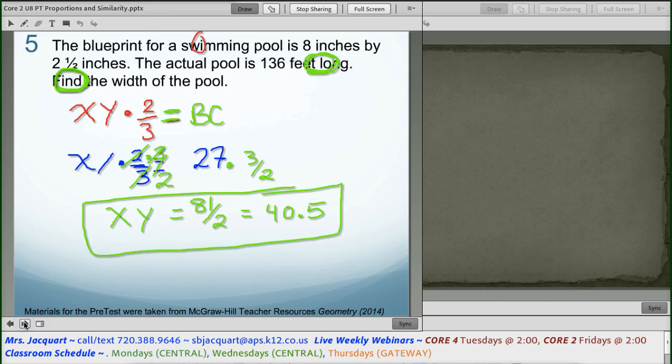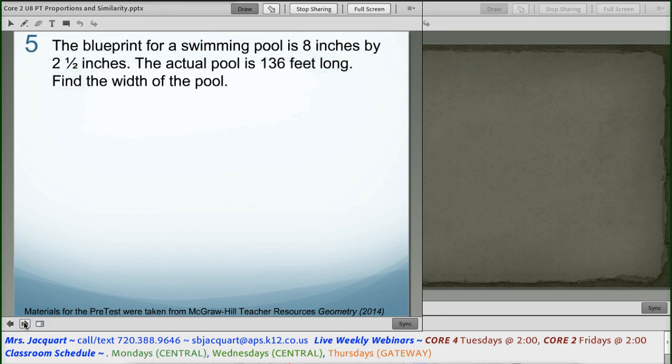Cool. The blueprint of a swimming pool is 8 inches by 2.5 inches.